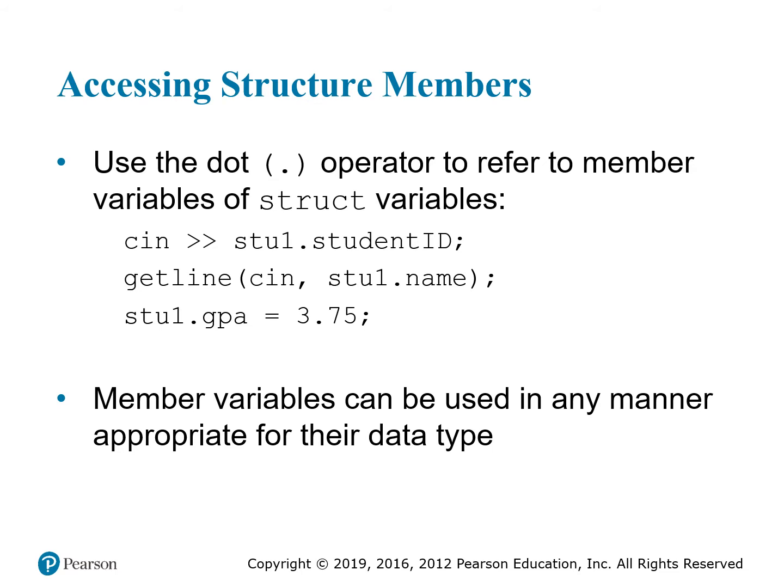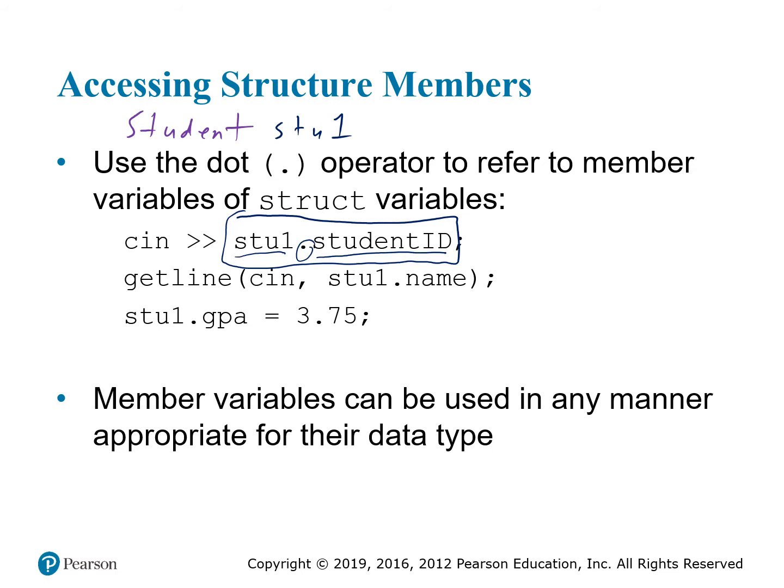So if I previously declared Student stu1, then I can refer to stu1.studentID, and that whole thing here acts as an integer. That's the whole name for that integer variable.